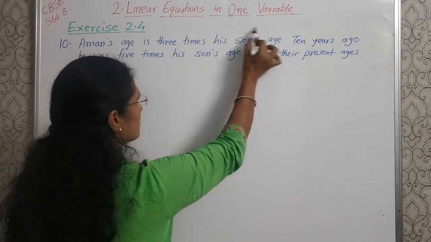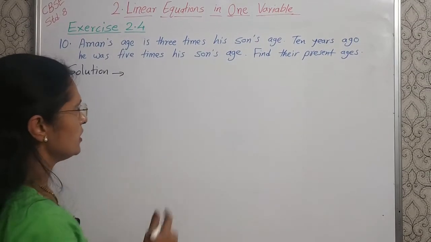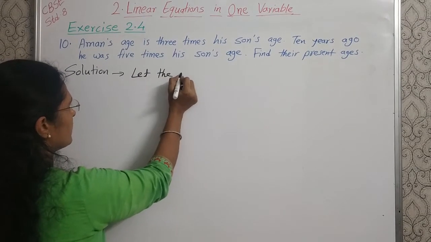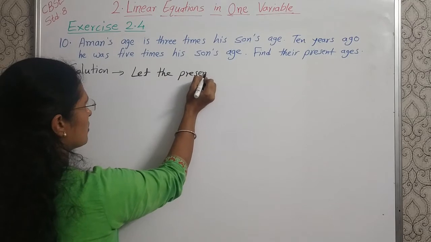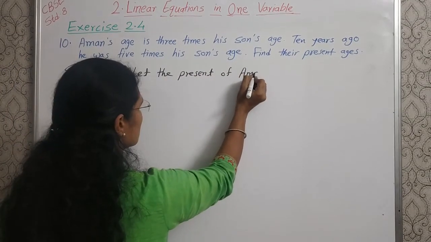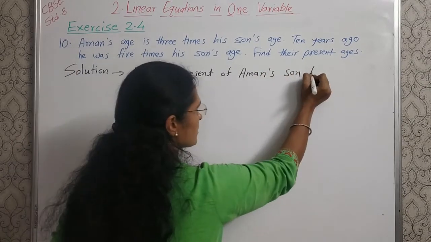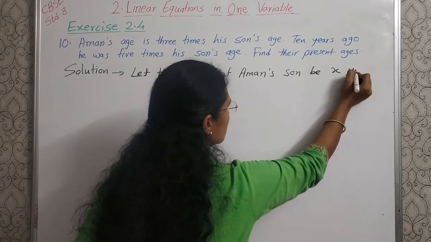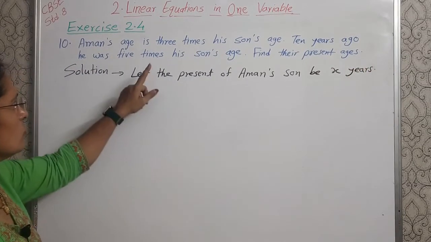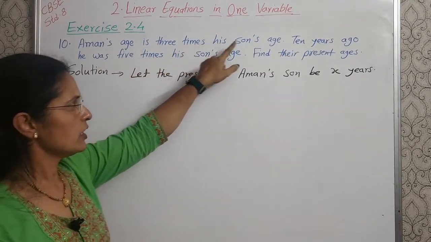So we will consider the son's present age as x years. Let the present age of Aman's son be x years. Now, Aman's age is 3 times his son's age.